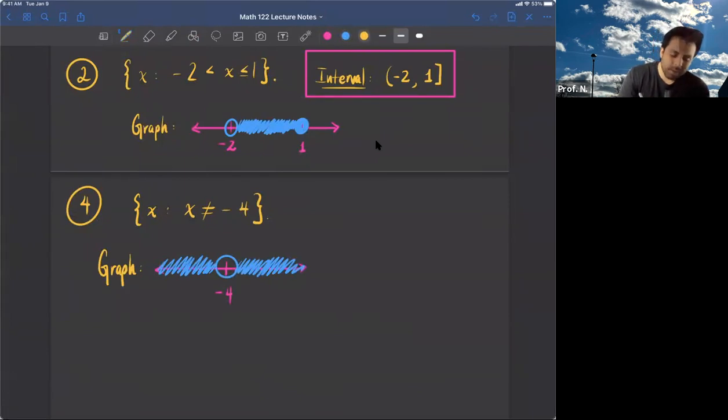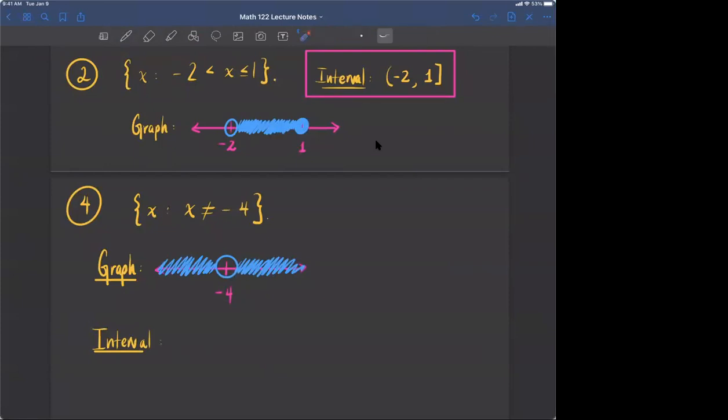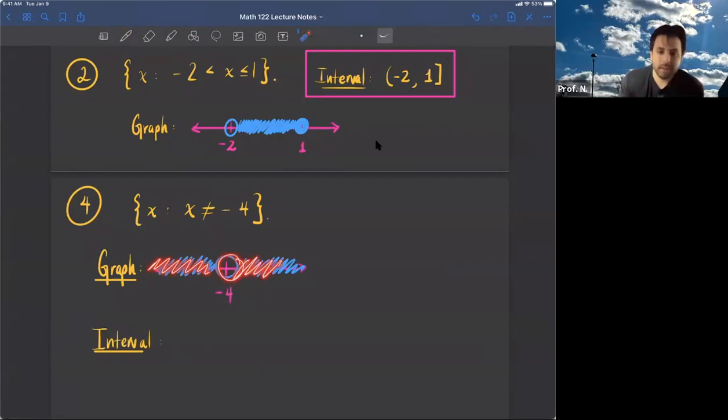And then what would be my interval? Can anyone tell me? What would be the interval of this graph? So I'm shading everything to the left of -4, not including -4, and shading everything to the right of -4. So then I have two different intervals. So what would be those two intervals?